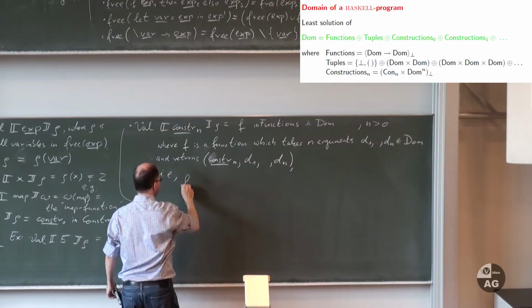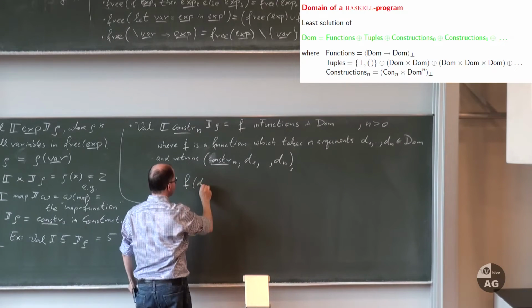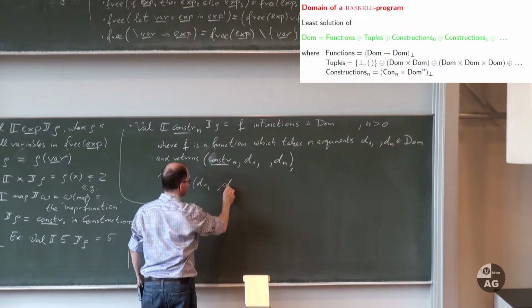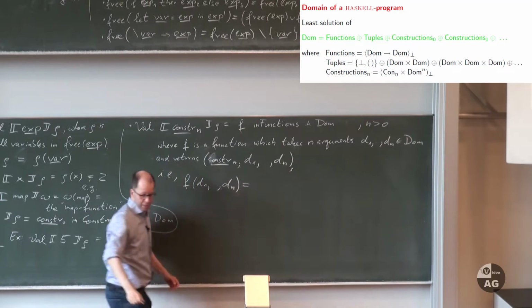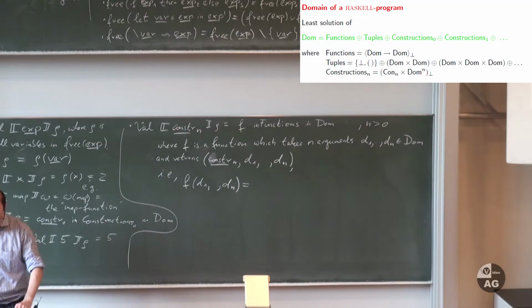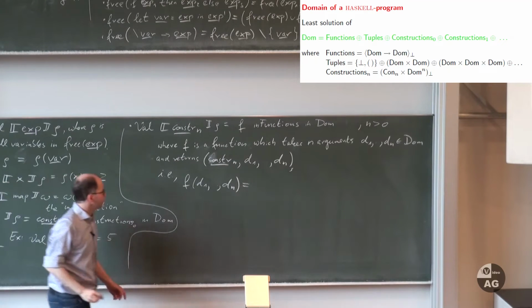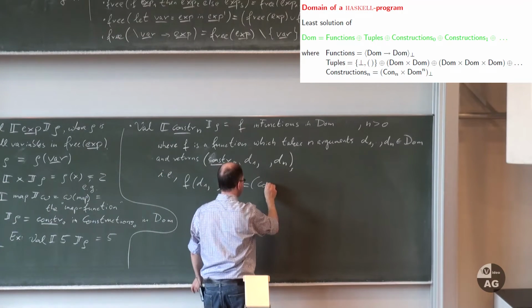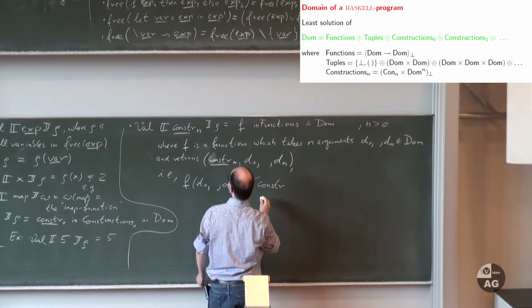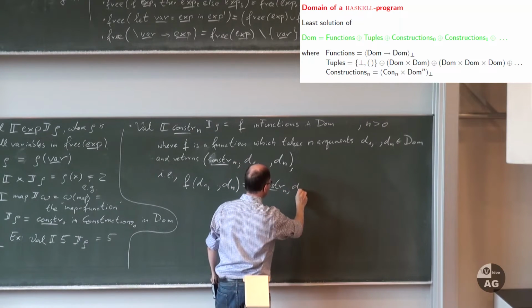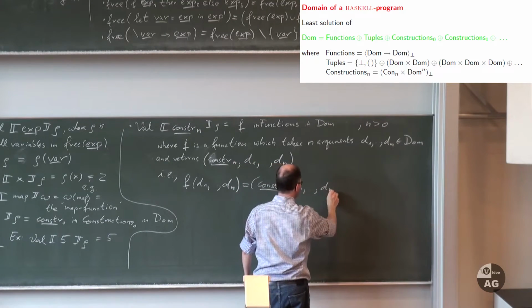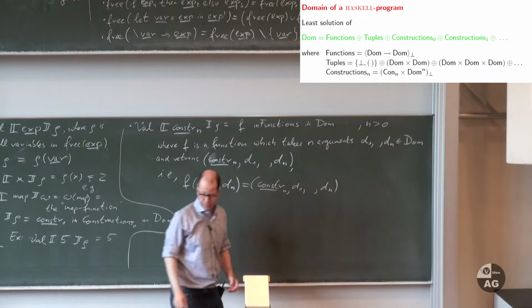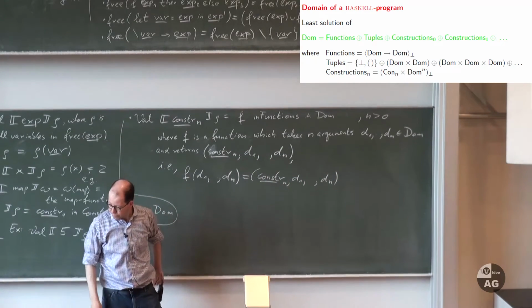And how does f operate? So f takes n arguments from the domain. And what does f return? Well, it returns this new object, constr n, comma d1 to dn, in constructions n in DOM.